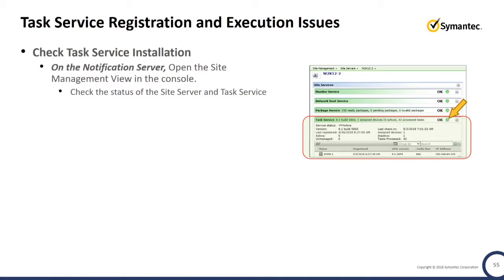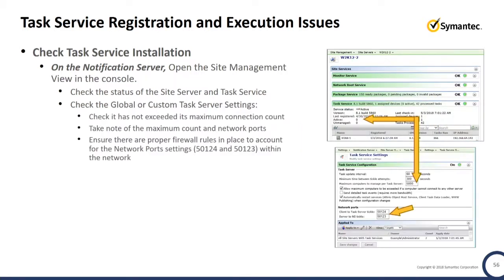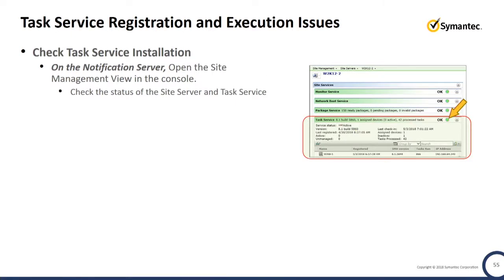Okay, so the key things with the task service is to check in the right places first in a particular order. Go to your notification server, look at the site server settings as well as the task service. Make sure they're on, right? Make sure they're reporting. They will indicate that they're active. They'll tell you the number of agents connected to them. A lot of information in that report.